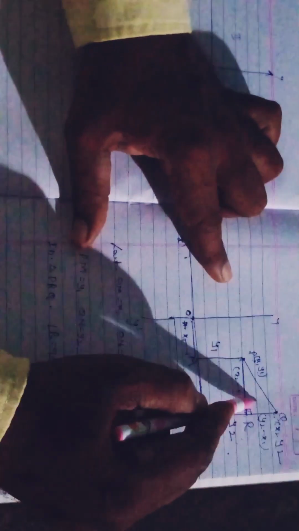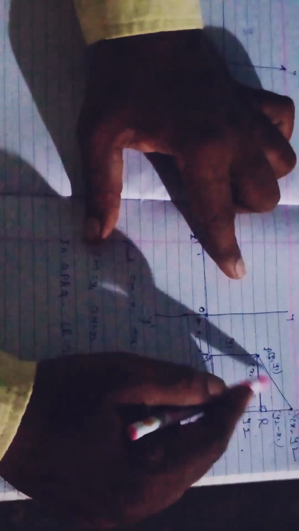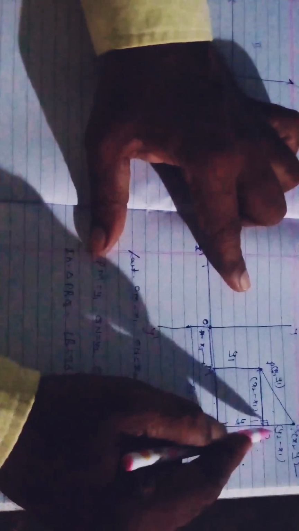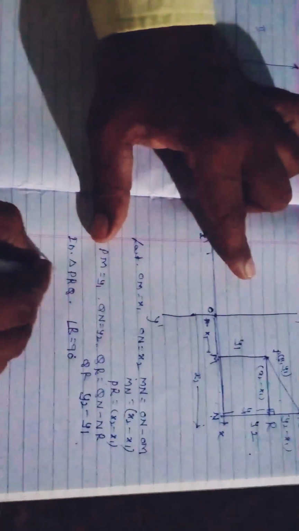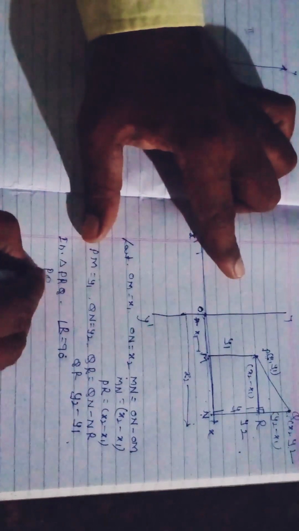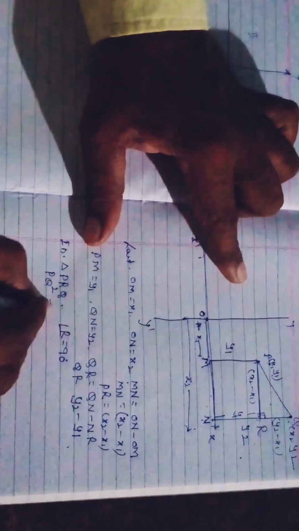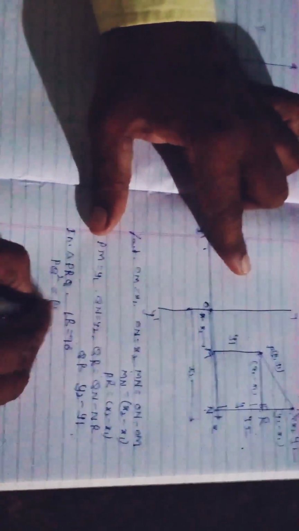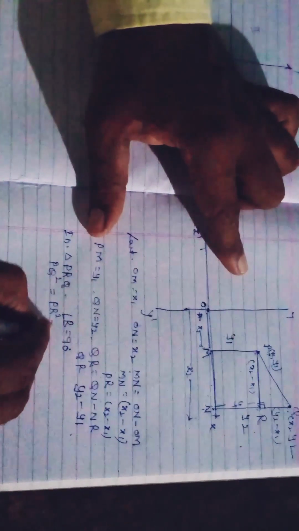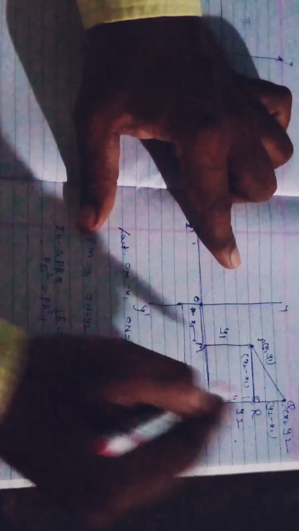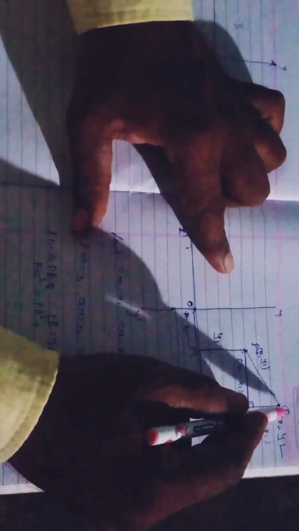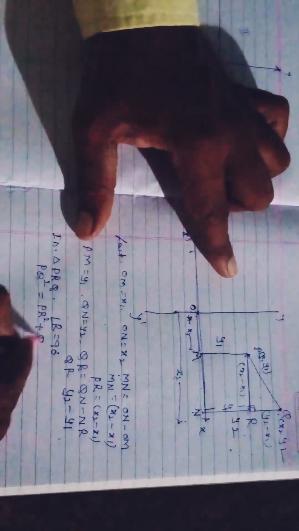When it is a right angle triangle, we know that the square on the hypotenuse is equal to the sum of the squares on the two sides. Here the square on the hypotenuse is PQ square, which is equal to PR square plus the height square. Height means QR square.